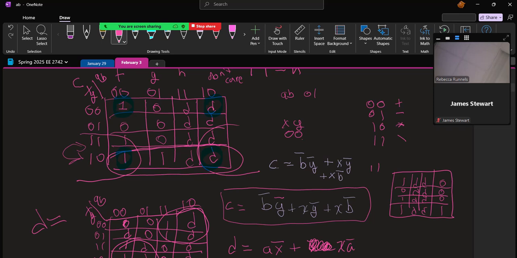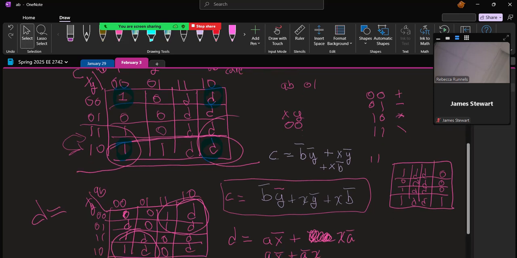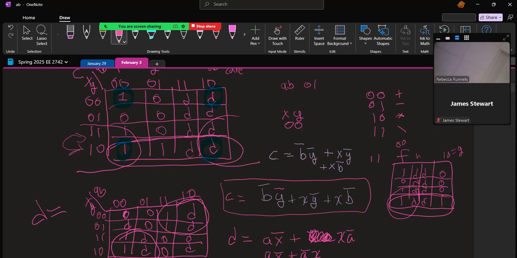If I had assigned these differently, like if I had made F00 and 10 that G, and it didn't matter which I made H, then to simplify this, it would have been much simpler because I could have gotten that and that and that wrapping around that way.